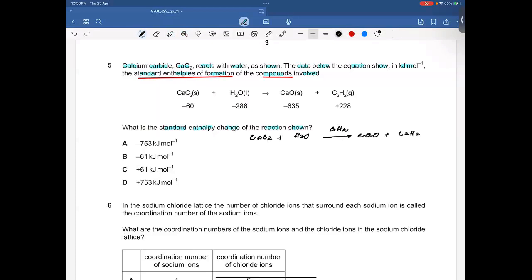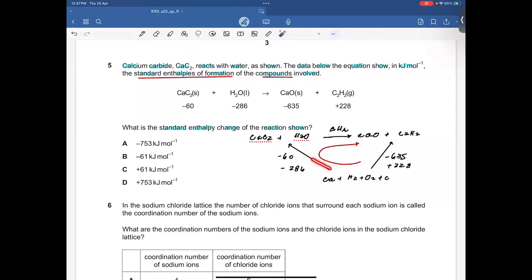Since formation data is given, we need to start the Hess cycle from the constituent elements under standard conditions. Place a clockwise arrow in it. Calcium carbide has -60, water has -286, calcium oxide is -635, and C2H2 is +228.